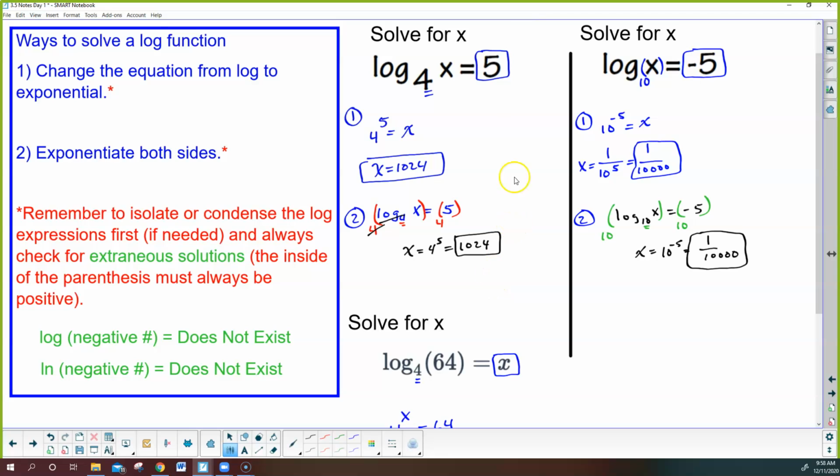But for the first two, if I plug this answer back in, notice this will work. The only way we can confirm that it is not an extraneous solution is that x is a positive number going back in, so that is going to produce a true result. And 1 over 10,000 is also a positive number, and that's going to produce a true result. Okay.